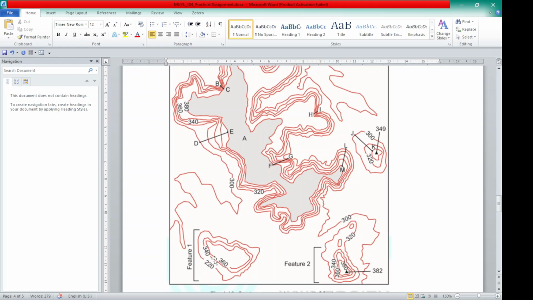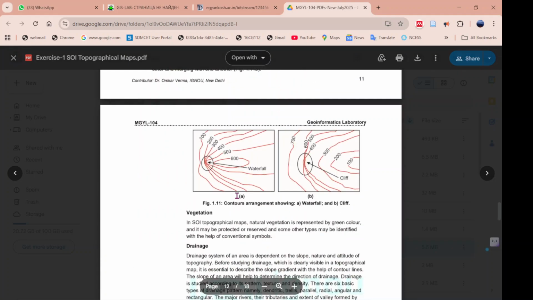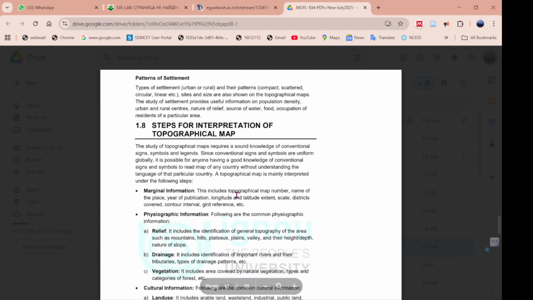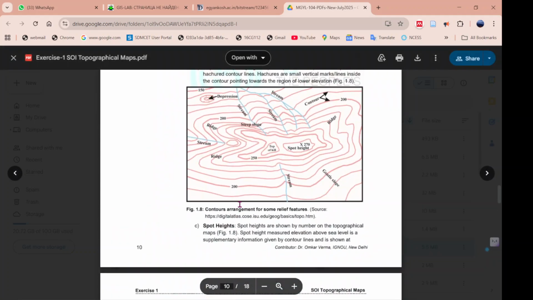Here as well the slope is rising. This seems to be a separated plateau. This has a very conical tip. So let's just go back to our manual and see if we find something of that sort.